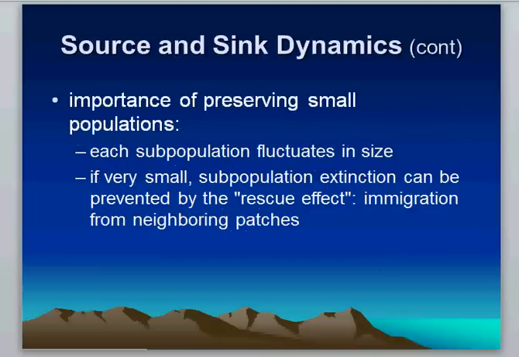Okay, so that leads to a landscape approach to conservation biology, because the landscape is that mosaic of habitat patches, whether they be source or sink habitat patches, and organisms need to live and move between these habitat patches.